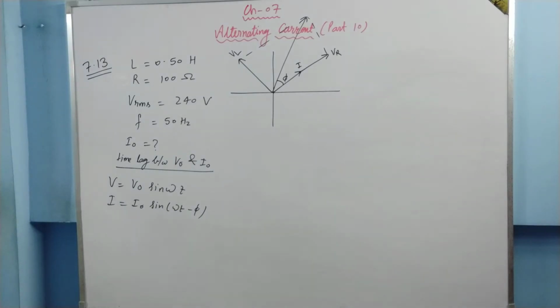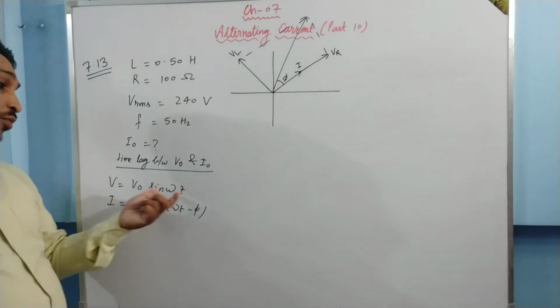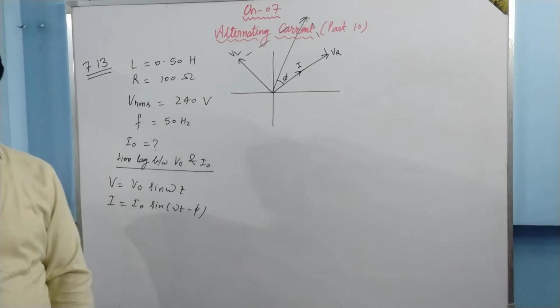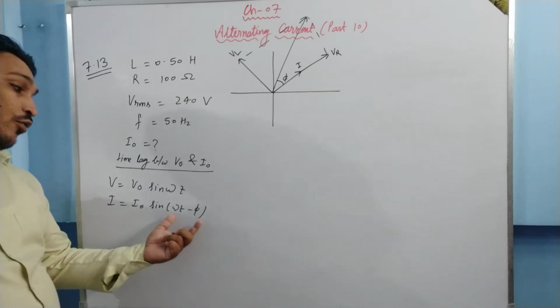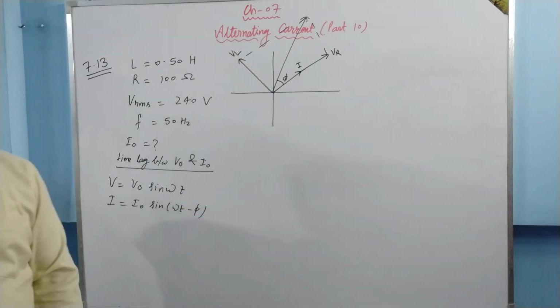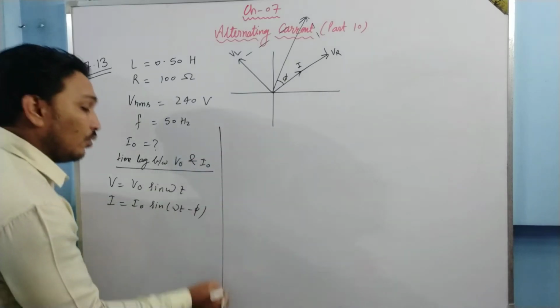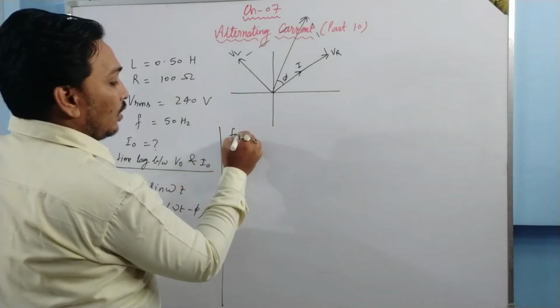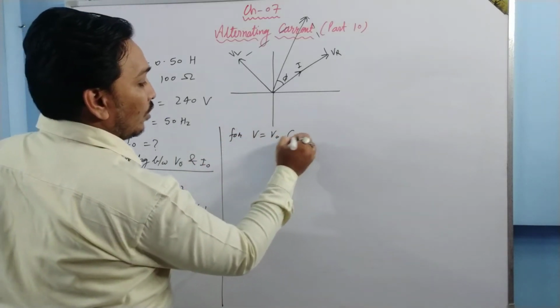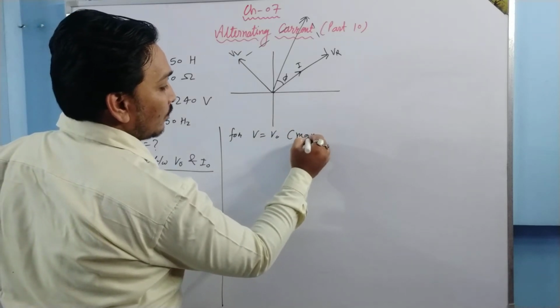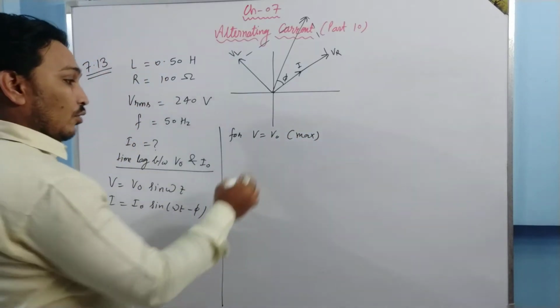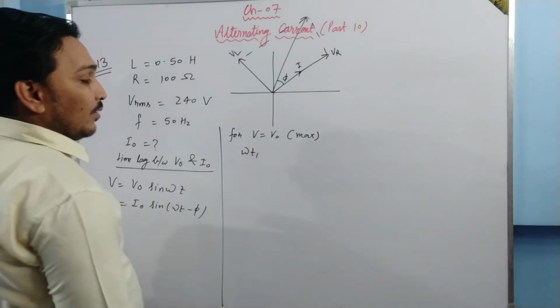When will this voltage be maximum? When omega t is pi by 2. When will this current be maximum? When omega t minus phi is equal to pi by 2. So for V equal to V naught, which is maximum, suppose it happens at t1.